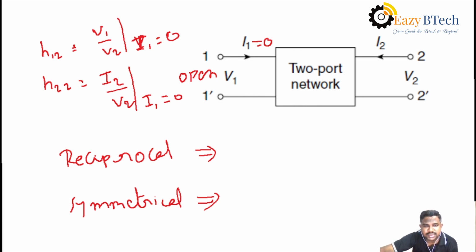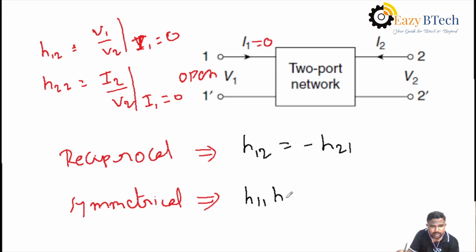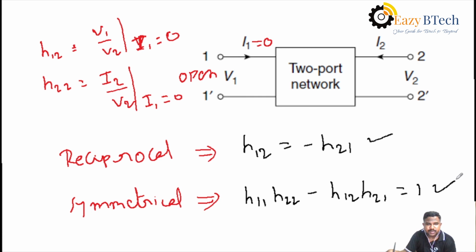If the given network is reciprocal for H parameters, then the condition is H12 equal to minus H21, and for symmetrical, the main condition is H11 into H22 minus H12 into H21 equal to 1. These are the main conditions for H parameters to verify whether the given network is reciprocal as well as symmetrical.